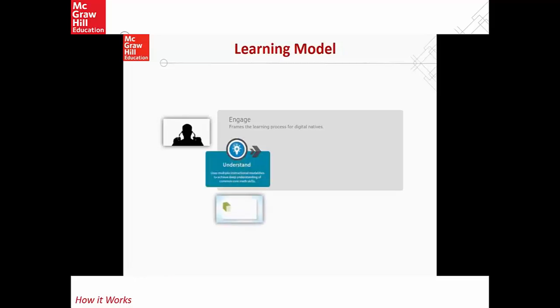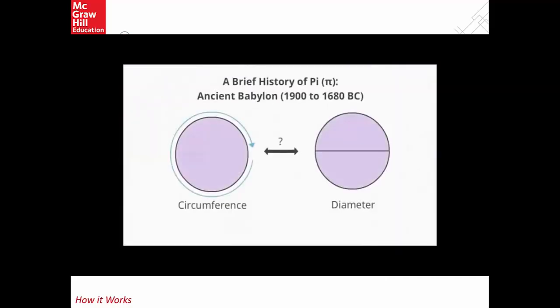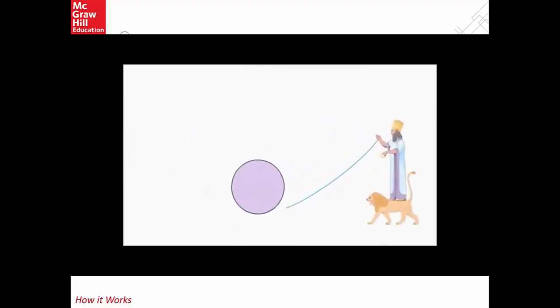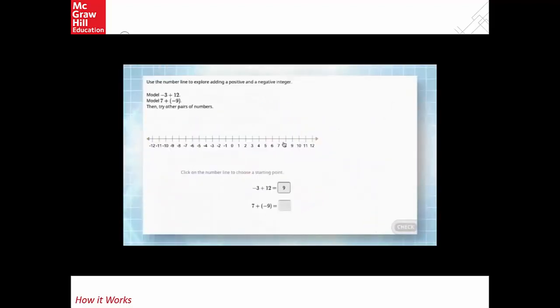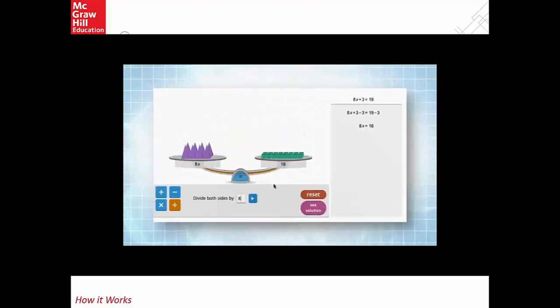Afterwards, a student would then begin to go through Redbird and would work on, for example, the first stage, which is the understand section. While a student is working in the understand section, there'll be a few tutorials that a student would work on. There'll be some guided practice, and there'll be some digital manipulatives that students can use to try to solve problems.